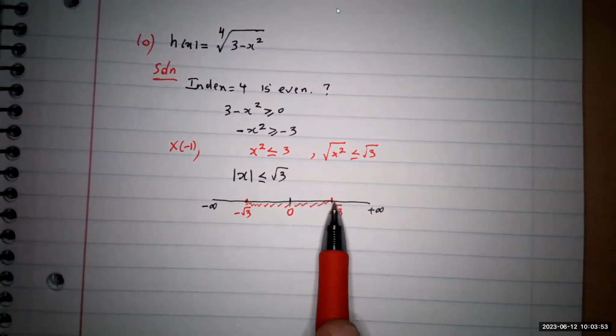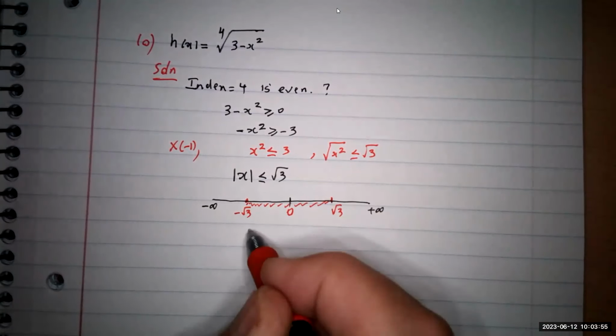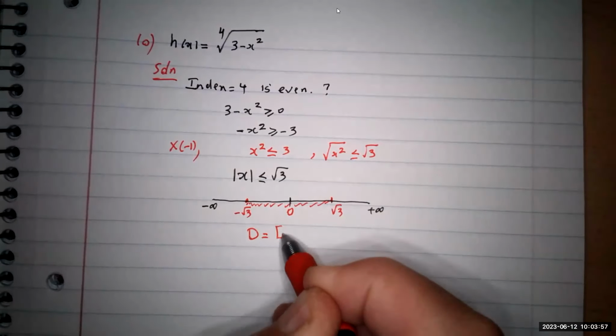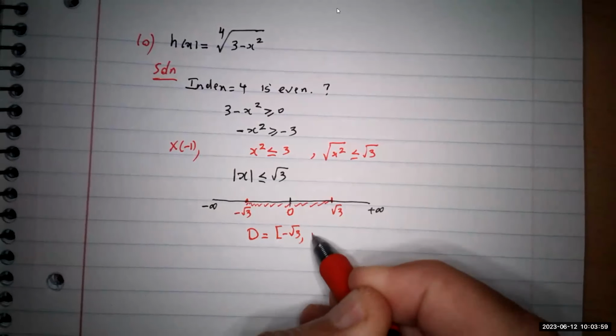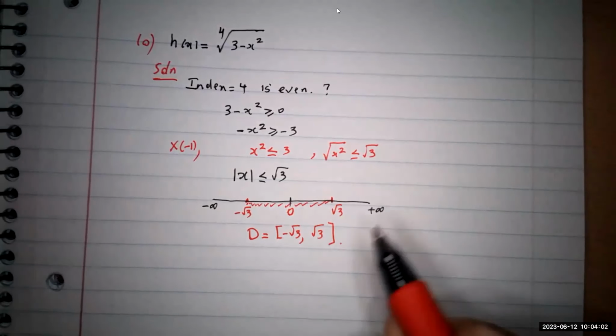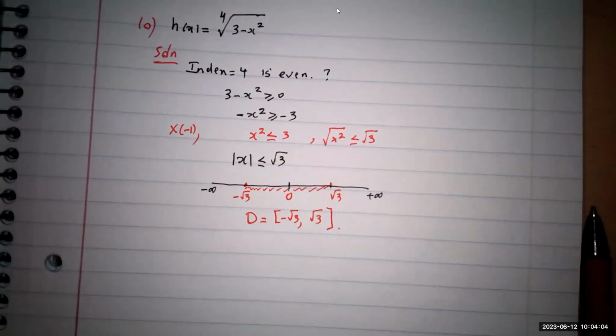If it's greater than, go to the right and to the left. So the domain is going to be simply from negative radical 3 to positive radical 3. And you do that. Okay, so don't be surprised. This is nice. This is the final answer. Okay, don't change it. So we have a couple of cases where we get irrational solutions. Any question?